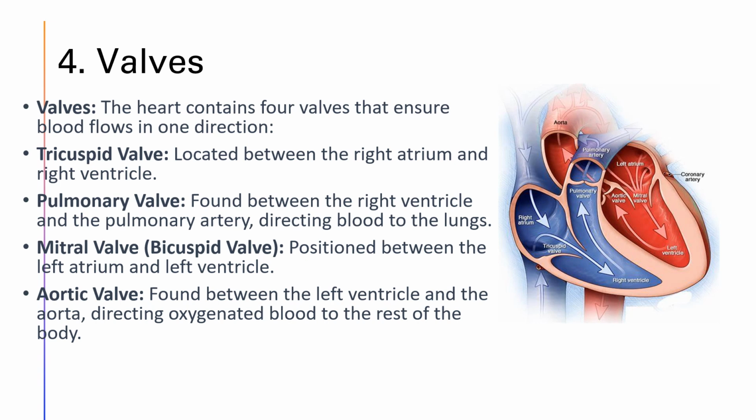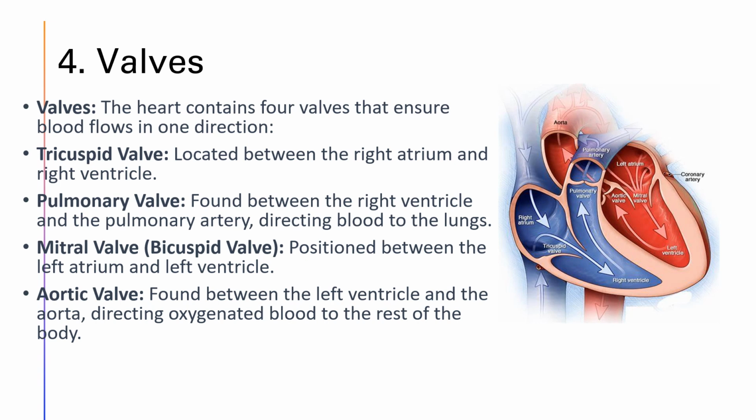So for that we need a valve. That principle we have in the heart. We have four valves: tricuspid valve, pulmonary valve, bicuspid or mitral valve, and the aortic valve.